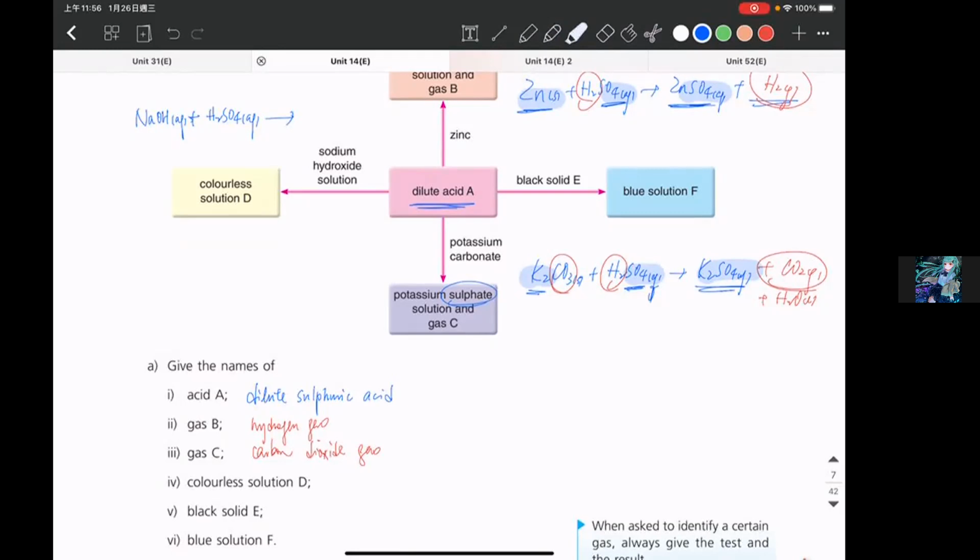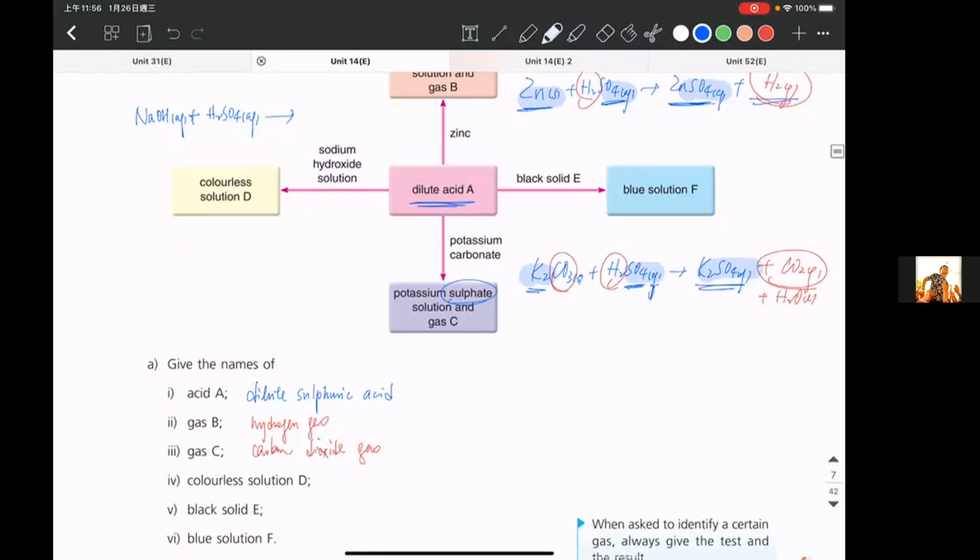NaSO4. Agree? Nearly correct, but you have to take a look at the formula. It is Na2SO4, because sodium ion is 1+ charge, sulfate ion is 2- charge. You are going to balance the charge. So what is left behind is H2O. So the answer is sodium sulfate solution. You just give the name, right?